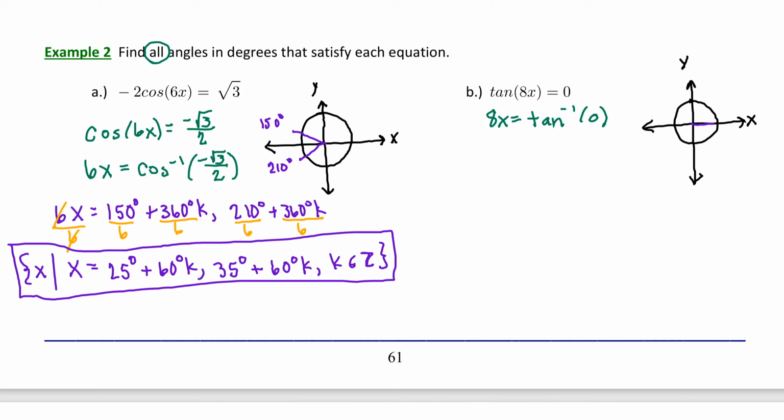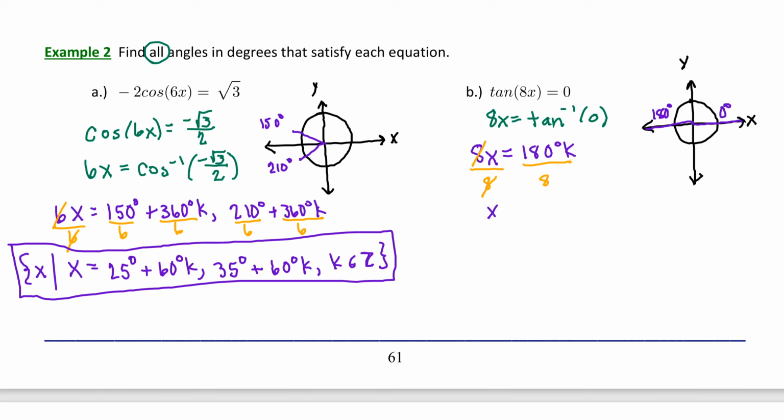Tangent is equal to 0 at 0 degrees, and it's also equal to 0 at 180 degrees. So instead of adding 180 times k to 0, it will be simplest to express this as 180 degrees times k. Finally, we can isolate our variable x by dividing both sides by 8.